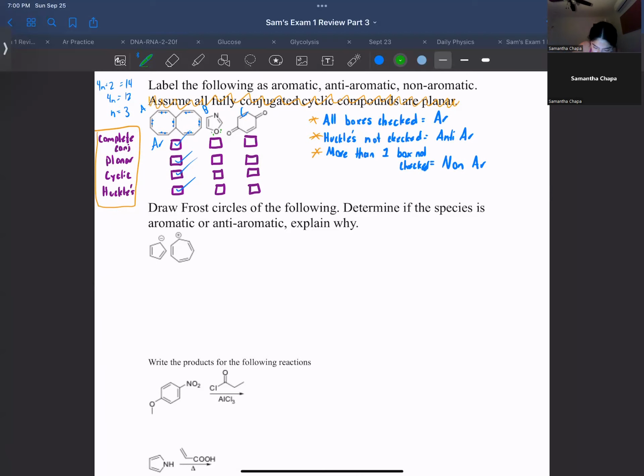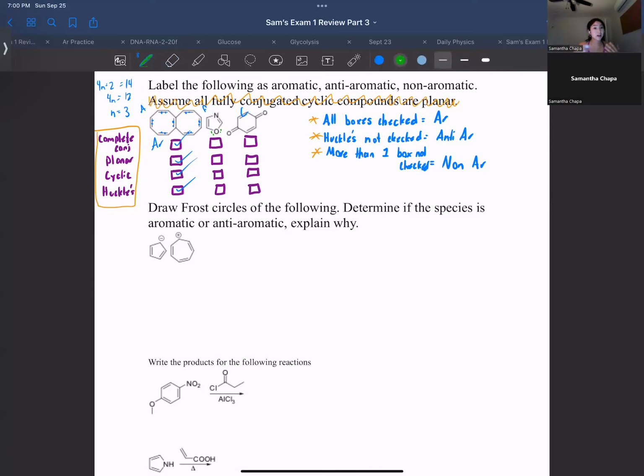Another hint is that if your heteroatom has a double bond on it, like how this heteroatom has a double bond on it, there's already something taking over the p orbital. So the electrons on this heteroatom are in the sp2 orbital. They're not in the p orbital. And you wouldn't count these electrons in your pi electron count for Huckel's law.